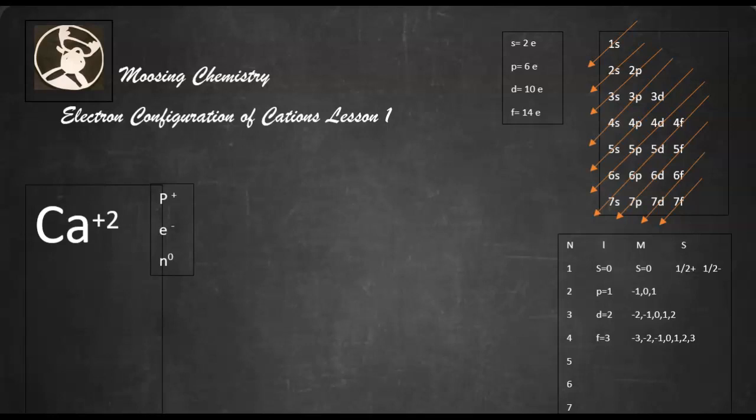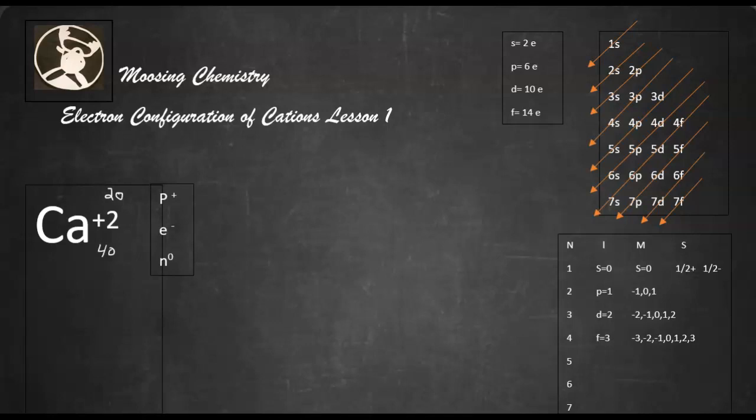We're going to talk about electron configuration of cations, lesson 1. Now, calcium is element number 20. So let's go ahead and take care of this, okay? Calcium has an atomic number of 20, and it has a mass number of 40.